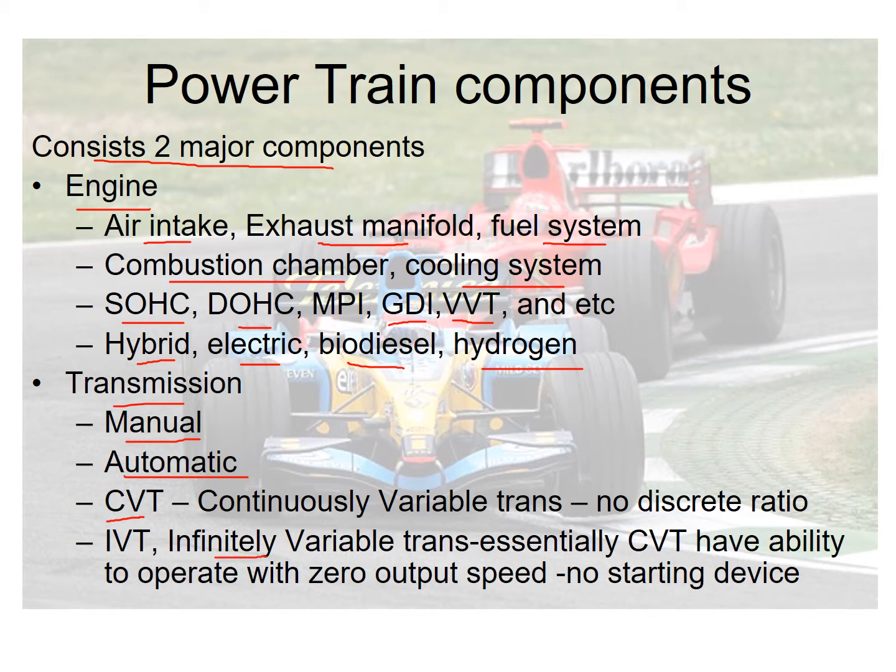And we have IVT, that is infinitely variable transmission, essentially CVT, that has the ability to operate with zero output speed and no starting device. So this is some of the new technology.